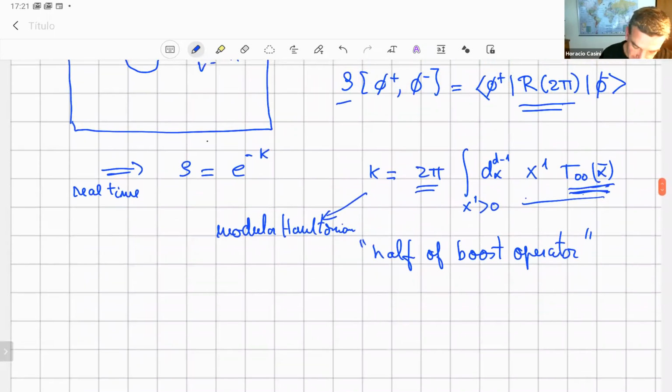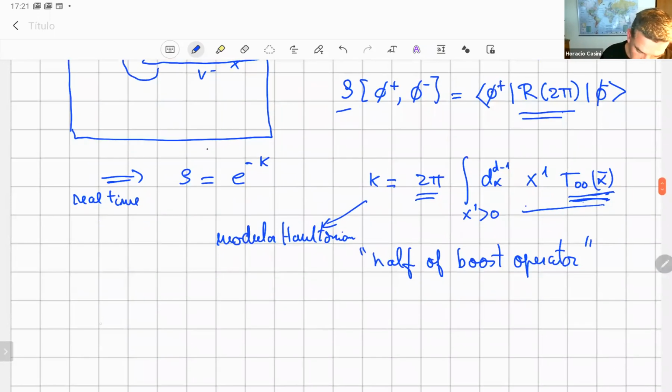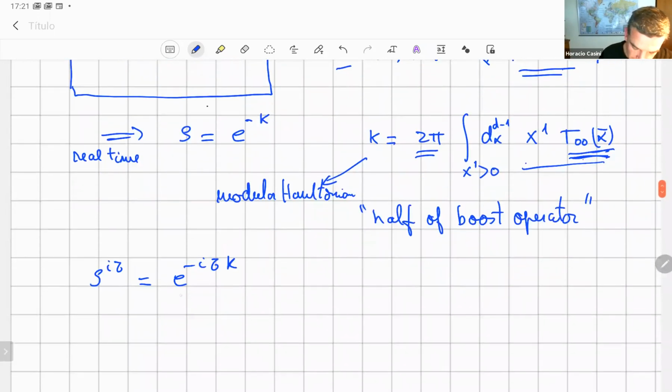So in this case, the modular flow, remember that the modular flow were these imaginary powers of the density matrix, the unitary that you get from the modular flow are just the boost transformations.